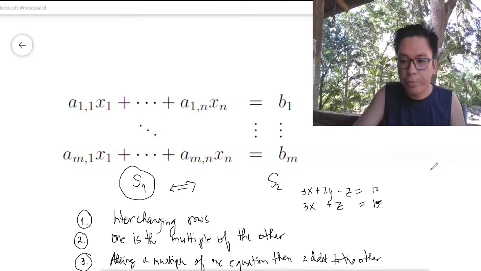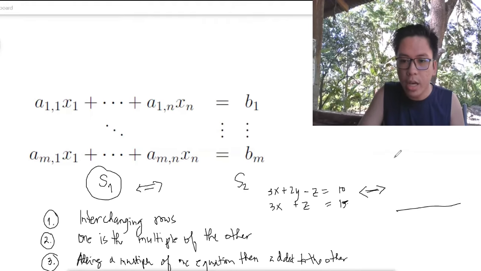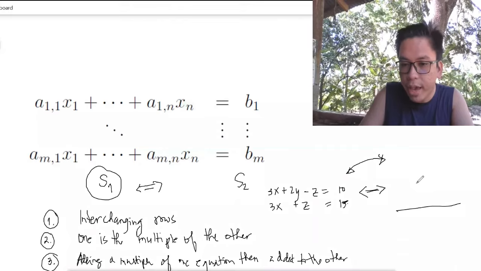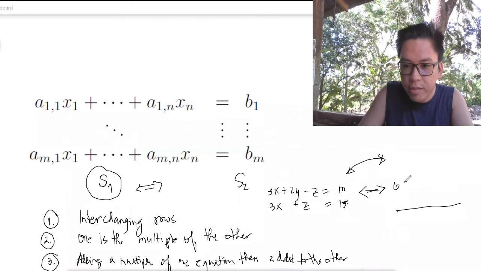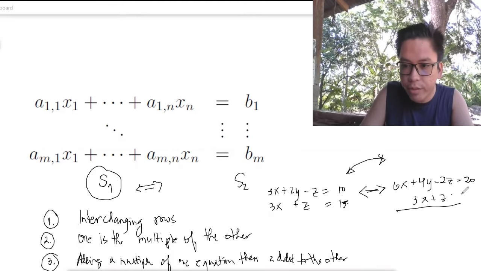Now, we can have another system which is equivalent to this one: 6x plus 4y minus 2z equals 20, and then 3x plus z equals 15.